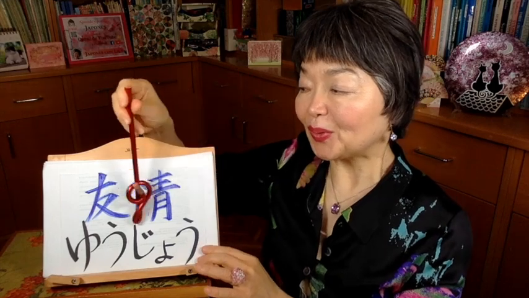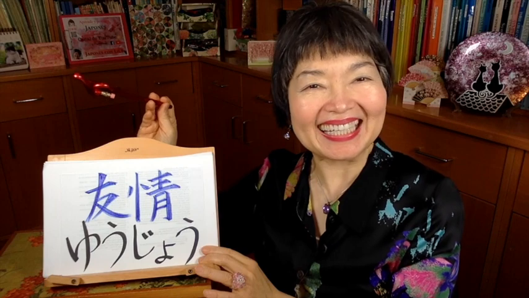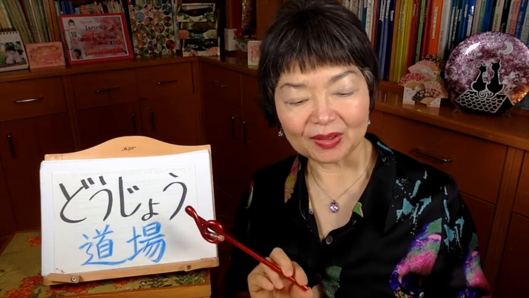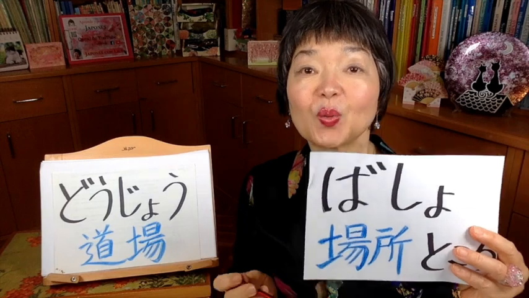Well, you know 情 is feeling, and this kanji 友 comes from 友達, it means friend. So the friend feelings, 友情, means friendship.